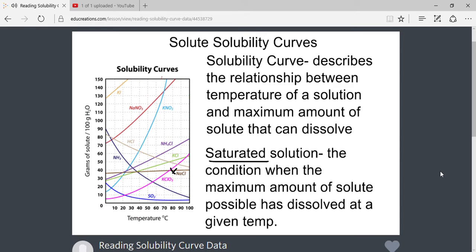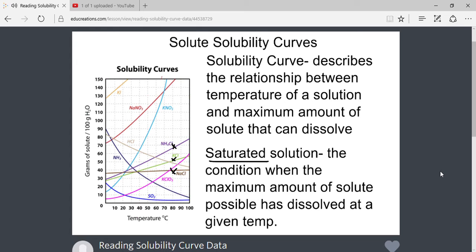However, if we looked at KCl, or potassium chloride, approximately 52 to 53 grams of potassium chloride dissolves as a result of it being a different solute. Continuing upward, NH4Cl, or ammonium chloride, at 80 degrees has a saturation value of about 67 grams of solute for every 100 grams of water. Therefore, the saturation points for each of these solutes vary, even though they are at the same temperature.